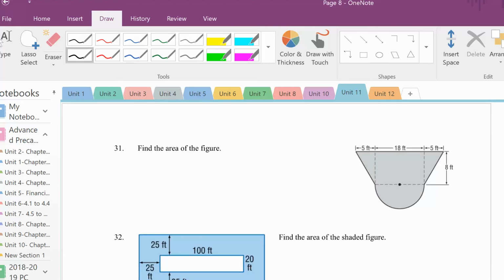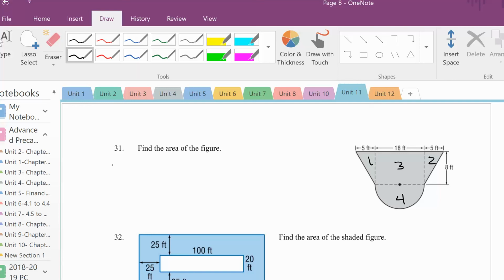All right, so let's look at the next figure. Same type of deal. We have two triangles. We have a rectangle and we have a semicircle.